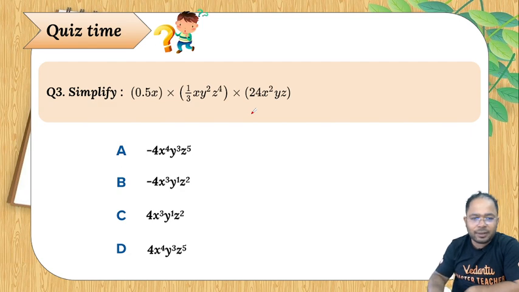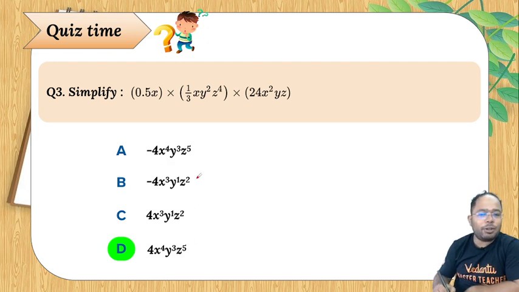Let's look into the answer. The right answer is 4x to the power 4, y to the power 3, z to the power 5.